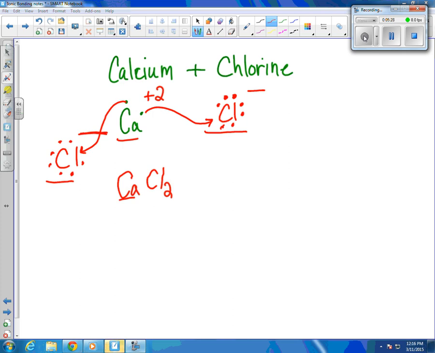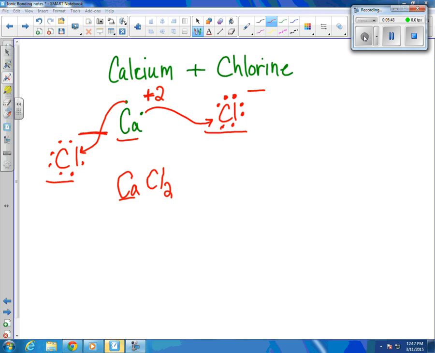Does that help, not actually writing the ions out, but just adding the charge to your Lewis structures? Totally fine to do it that way. If writing the ions out was getting you messed up, making you write the wrong things, I would recommend just putting a plus here when there's a 1, just like I just put a minus here, insinuating the 1. Double check your work. Does your positive and your negative balance out?